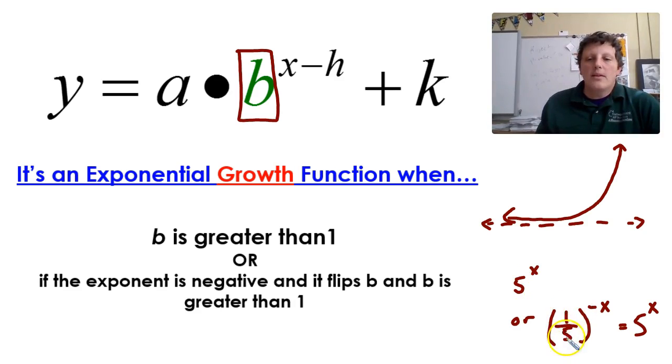But if I had 1/5 raised to the negative x, that negative would cause the 1/5 to become its reciprocal. So 1/5 to the negative x is actually 5 to the x in this case. And 5 is greater than 1, so it would be growth. So one of these two things happens, and you know it's growth.